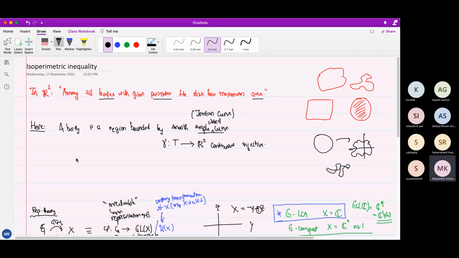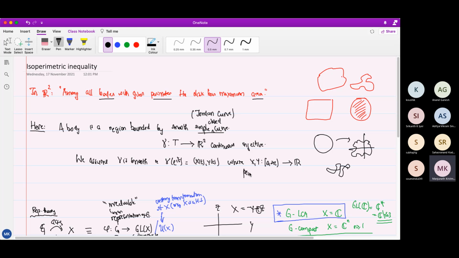But we also assume gamma is smooth. We will see how much smoothness we need. So gamma of e to the it, we will write as x of t, y of t, where x and y, if I use the t notation, are mappings from 0 to 2 pi to real numbers.